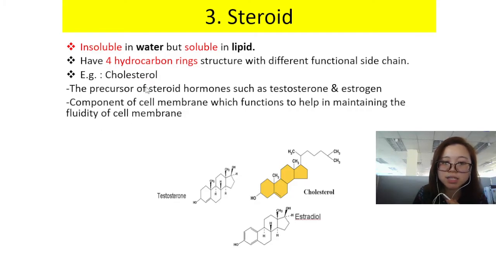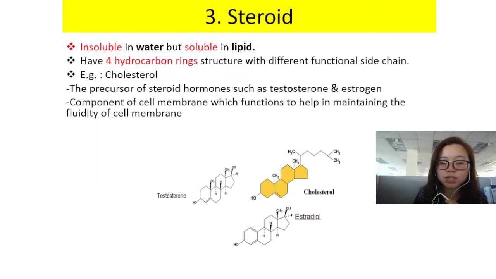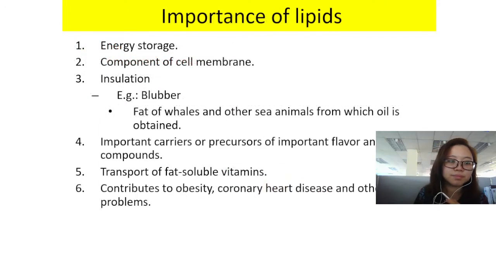Kita akan jumpa lagi kolesterol bila kita masuk chapter 2 nanti. Kita belajar pasal plasma membrane. Okay, but basically, you can start memorizing this point now. Okay, sekian. Itu saja. Yang paling complicated itu triglyceride. For phospholipid and steroids, it's a lot simpler.